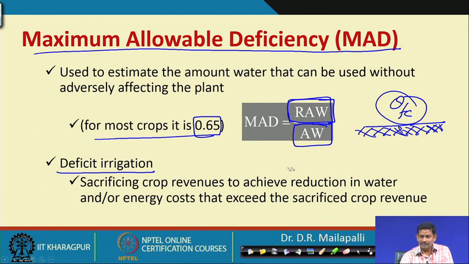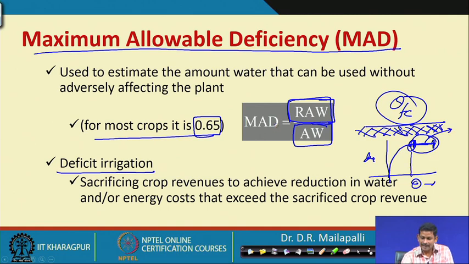As you saw in the graph before, up to a certain moisture content the yield is going to be the same. So, why should we give frequent irrigation? We can wait till this moisture content, and then give irrigation.